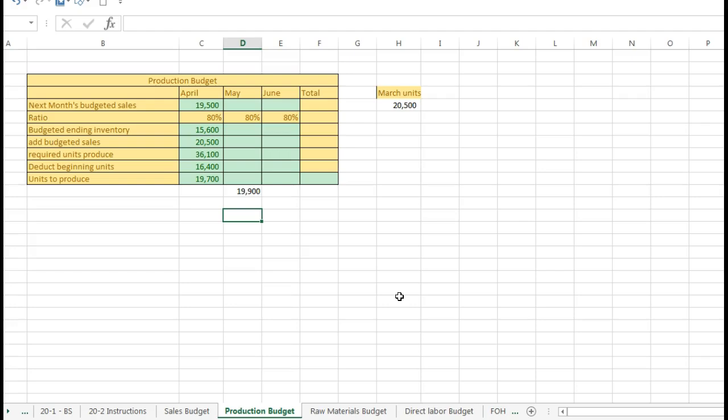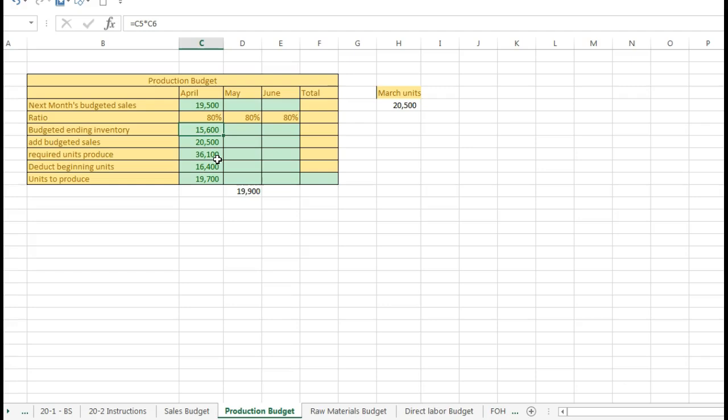So now we're looking at next month's. Now remember how we project? We want to have an ending inventory for next month to begin with. In this case, they want 80%. So 80% of May's production schedule is going to be 19,500 times 80%, which gives us an ending inventory that we need of 15,600.